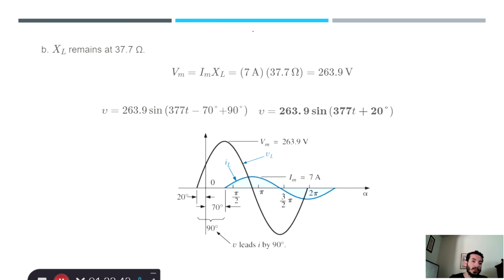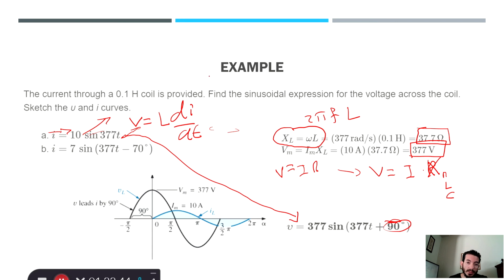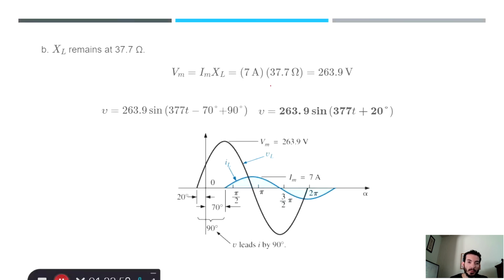The reactance is the same because it has nothing to do with the input amplitude. Omega is 377 and L is the same, 0.1 henries, so it's 37.7. Then we find the voltage for the new current, which is 7, with the reactance of 37.7.